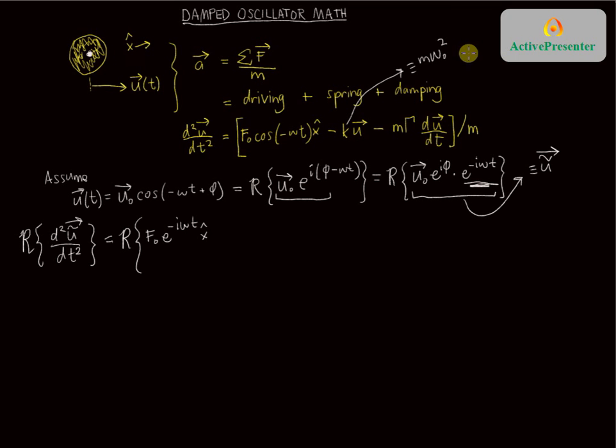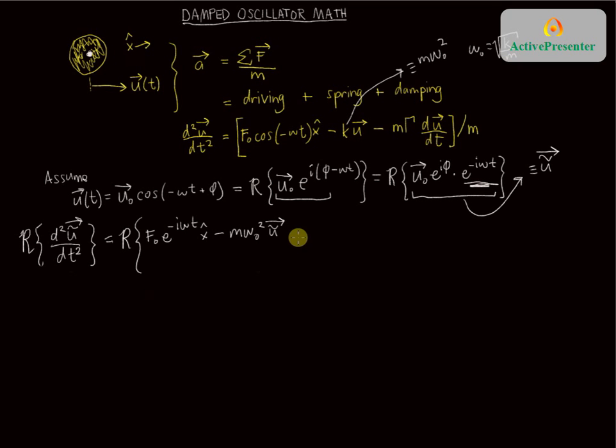That's just a rewrite of omega naught equals square root of k over m. So I'm going to write that term here not as minus k, but as minus m omega naught squared u.